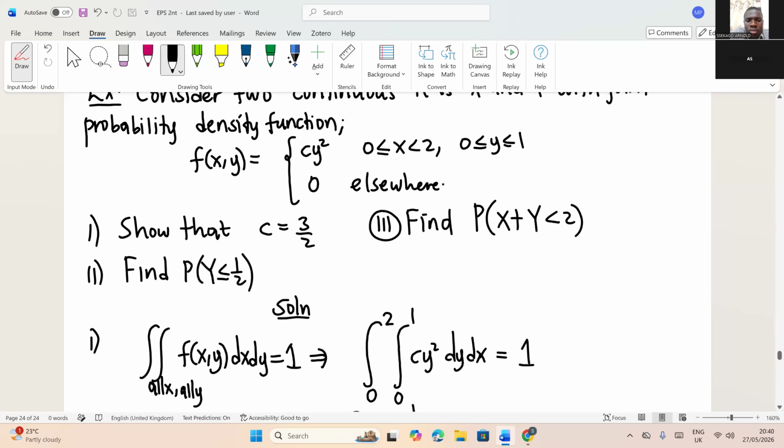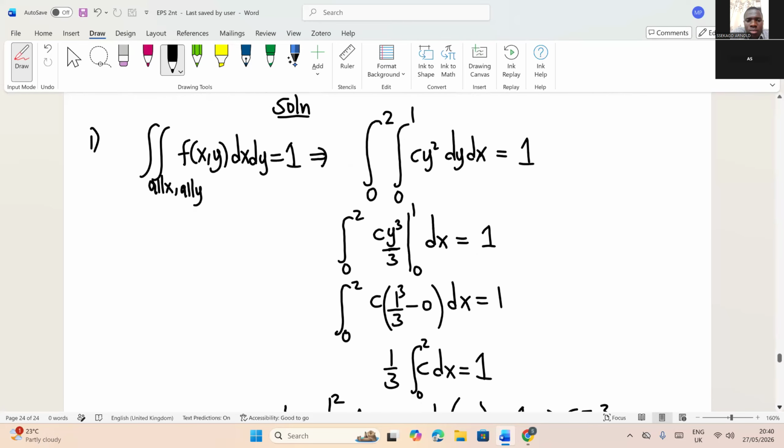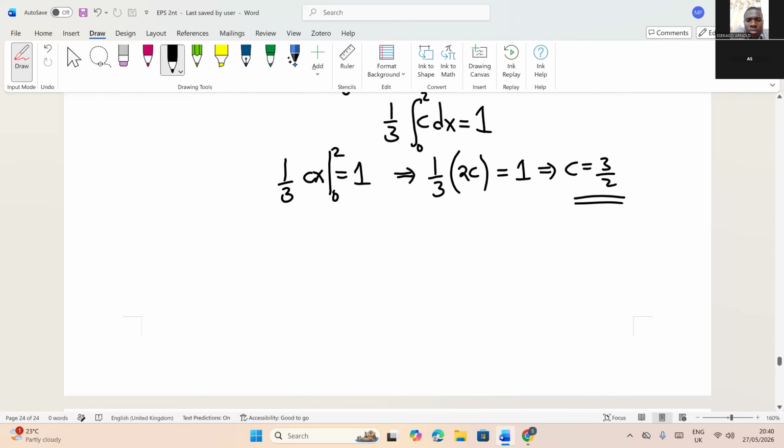Then find the probability of Y. Now you see, y is fixed. I hope you remember this from the discrete case. So for Roman 2, I want to evaluate the probability of Y less or equal to a half.